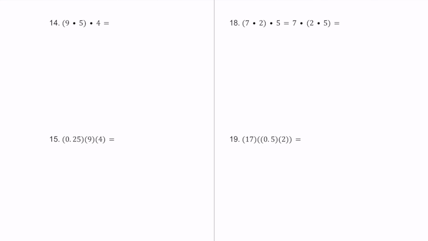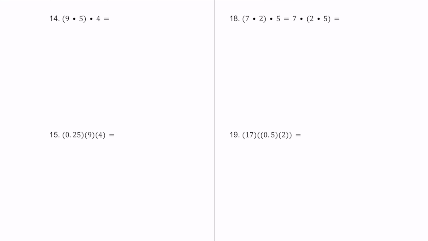Here's number 14. For number 14, we have the quantity of the product of 9 and 5, then multiplying that by 4. Now, to multiply a little bit more efficiently, I'd like to multiply this 5 and 4 first instead of the 9 and 5. If we originally have 9 and 5 grouped together, we leave this 9 outside by itself and move the grouping so we have 5 times 4 instead.